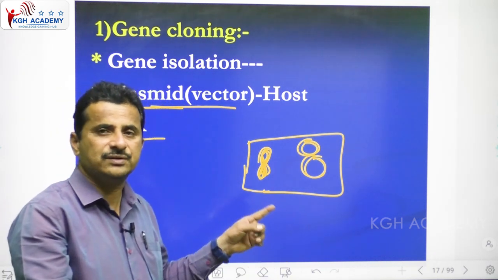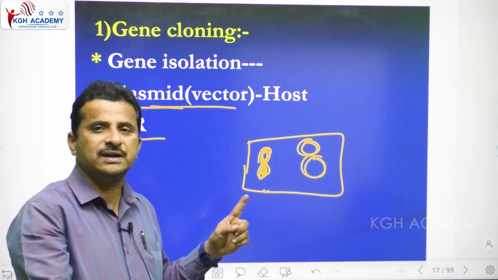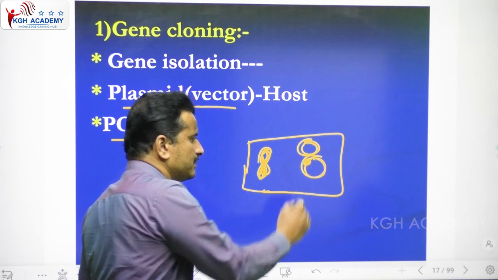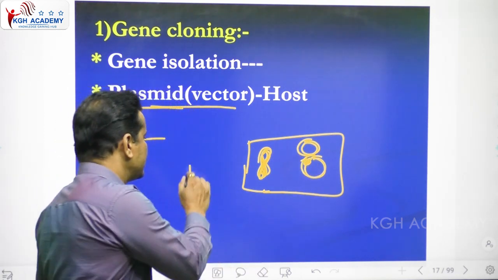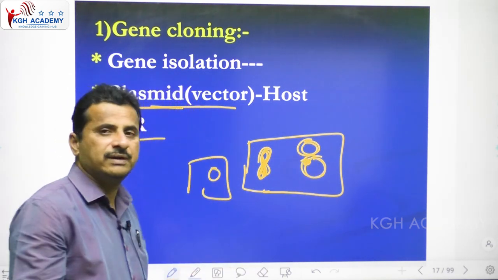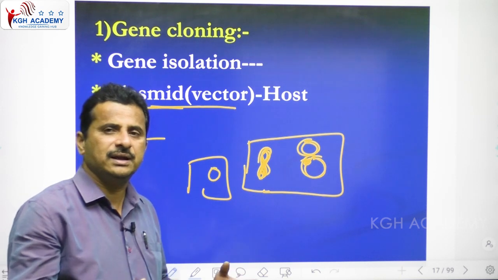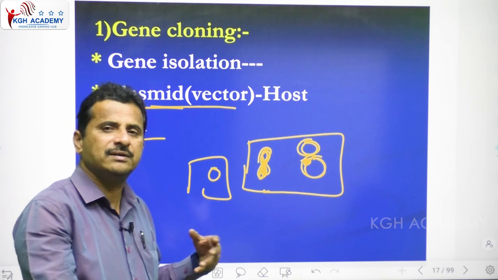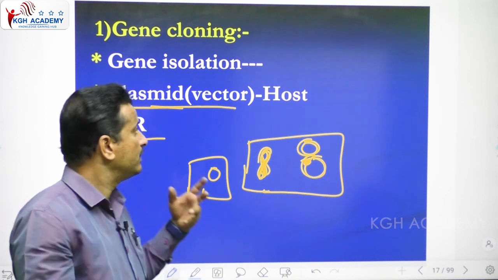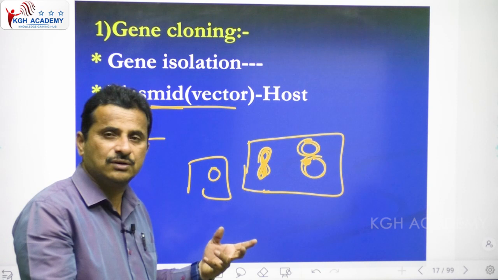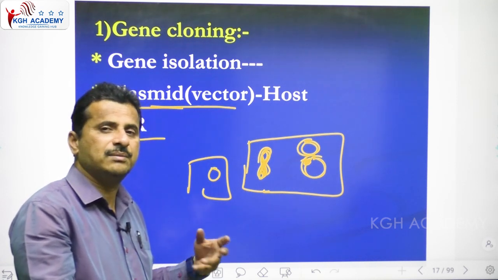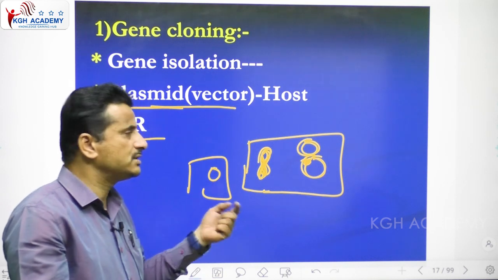First we insert our interested gene in this plasmid, and we transfer it into the host. When the host multiplies, the plasmid multiplies, and automatically our gene multiplies. This way, using a vector called plasmid, we produce n number of copies. This is nothing but gene cloning.